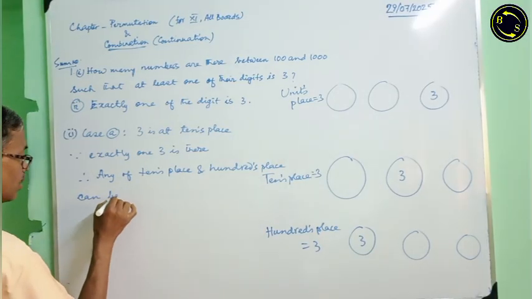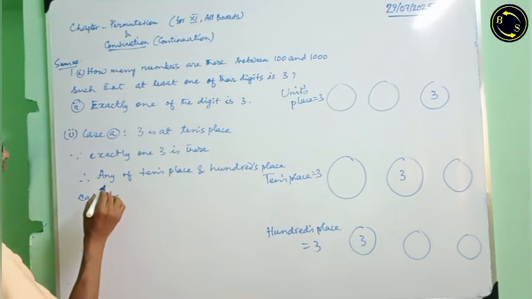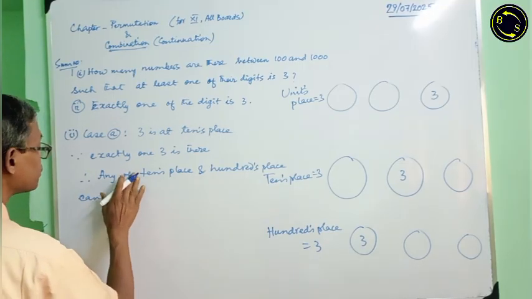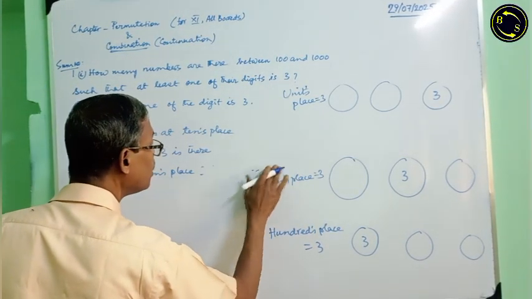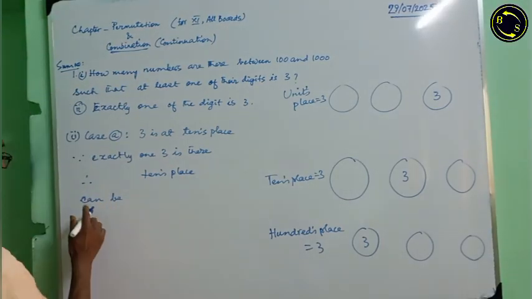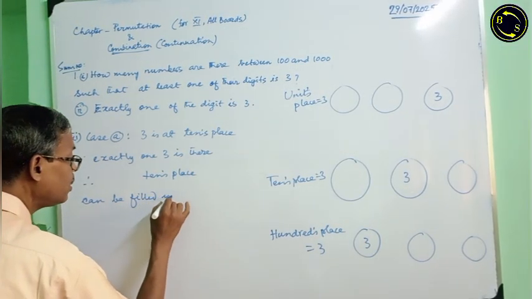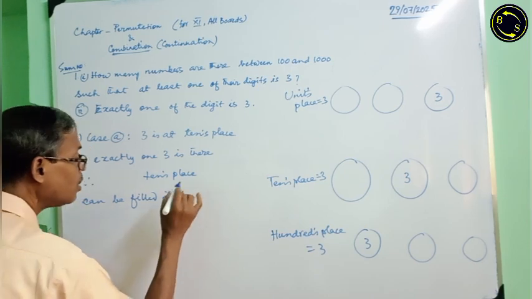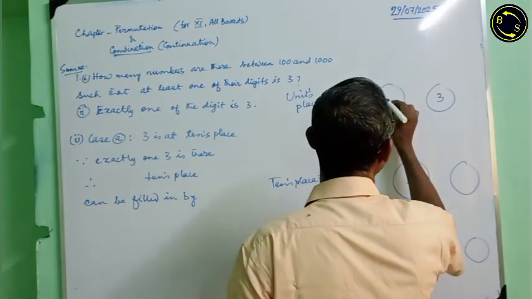I first consider the tens place. The tens place can be filled in by which digits? Not 3.